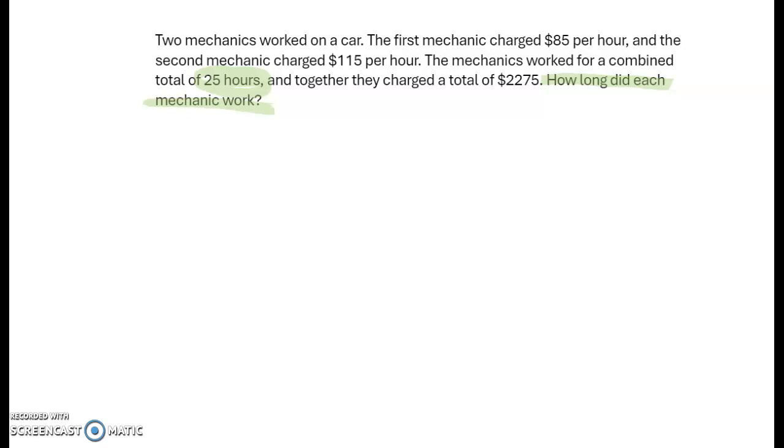So let's use two variables. Sometimes I like to use the first letter of the word, but both of these are mechanic 1, mechanic 2. So let's just say, let x equal the number of hours mechanic 1 worked.